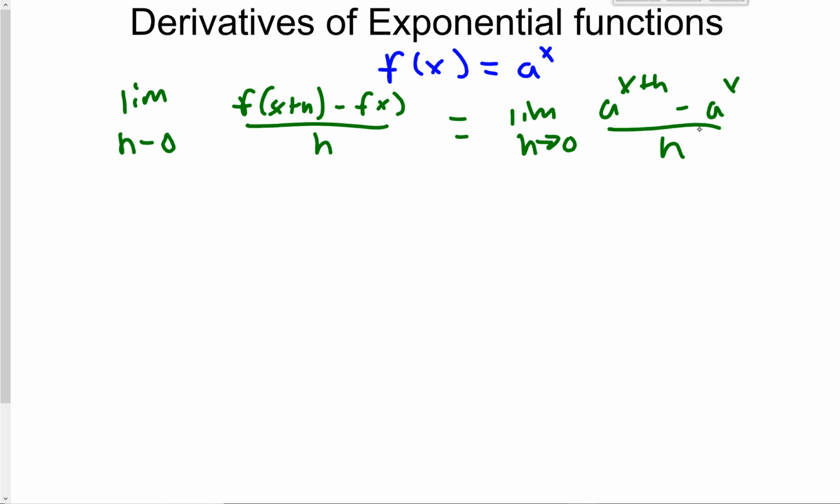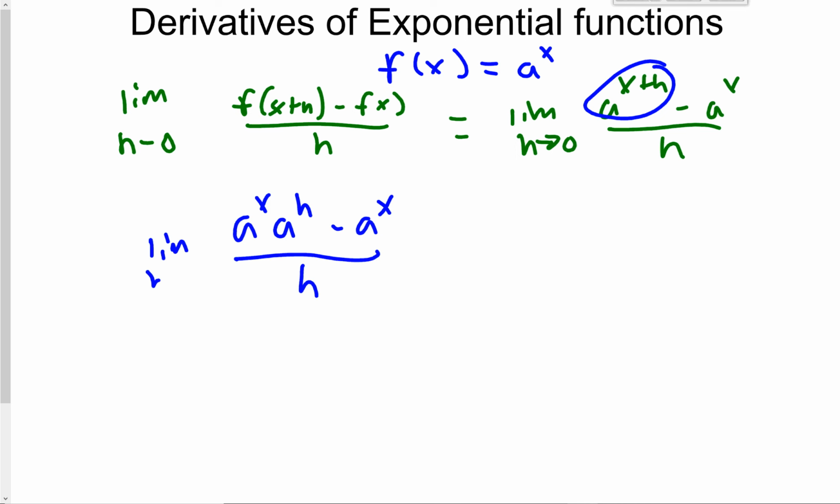And then I can rewrite using the fact that when I add my exponents, that means I am multiplying by the same base. So that's a raised to x times a raised to h minus a raised to x all over h, again taking the limit as h goes to 0. Then I can factor out the a raised to x.